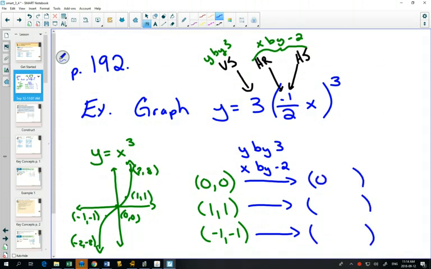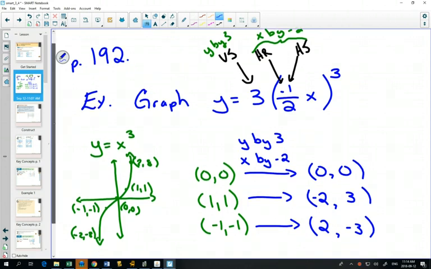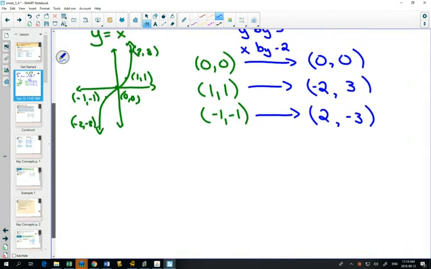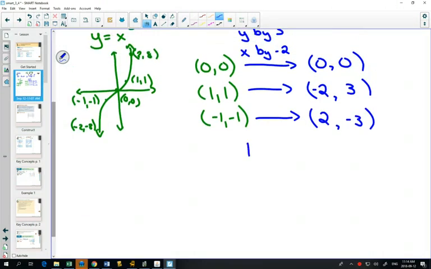I'm going to do all my x coordinates first, and then multiply all my y coordinates by 3. And I get 3 new points. I can now go and graph my new graph.